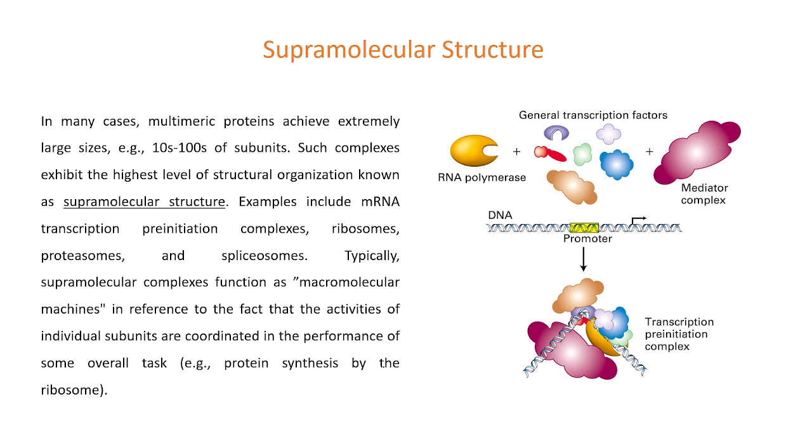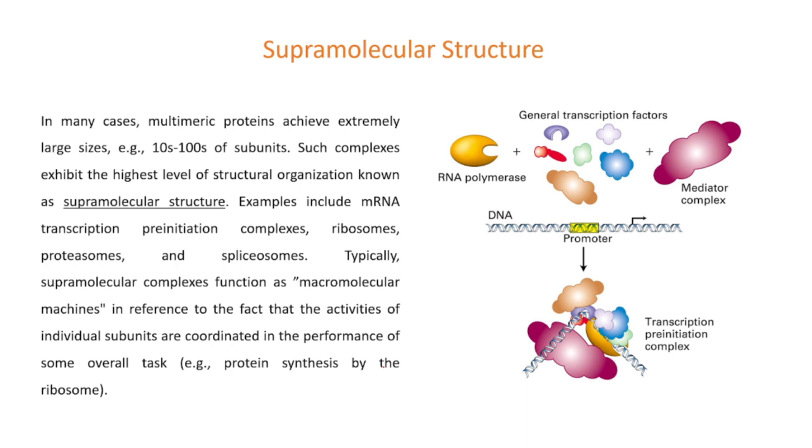Some examples include the mRNA transcription pre-initiation complexes, the ribosomes, the proteasomes, and the spliceosomes. These supramolecular complexes function as macromolecular machines, in which the individual subunits cooperate in the performance of different activities.